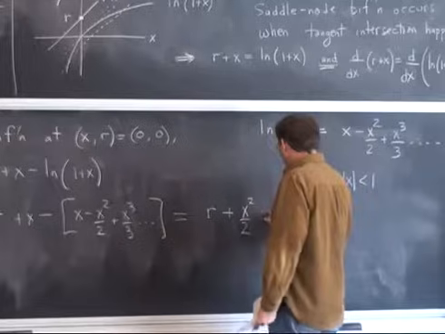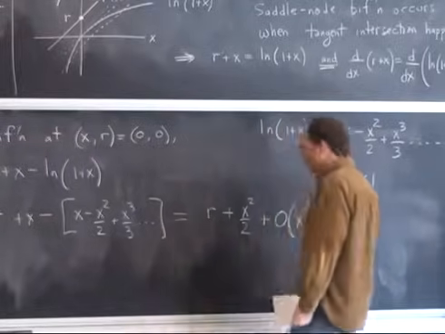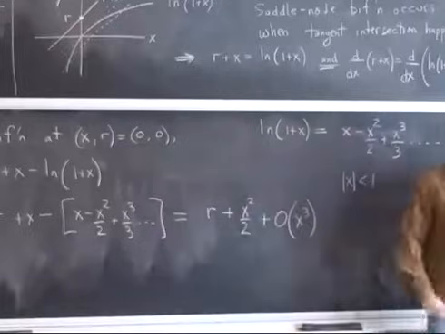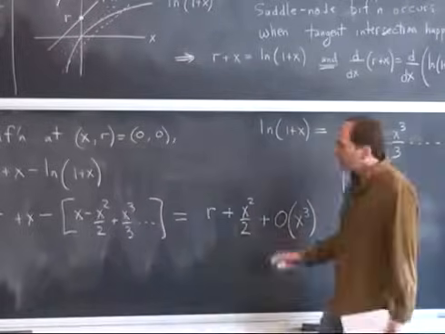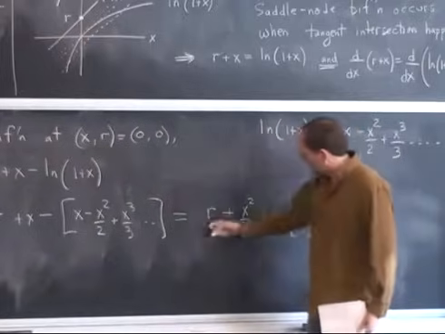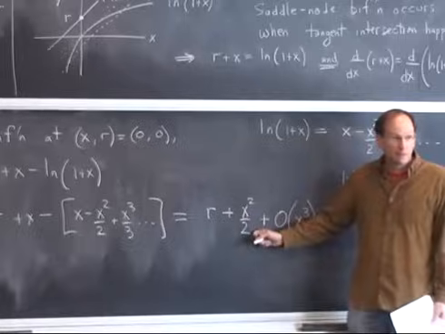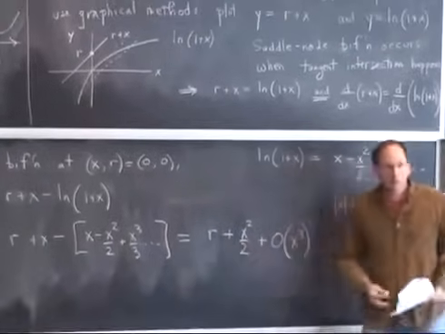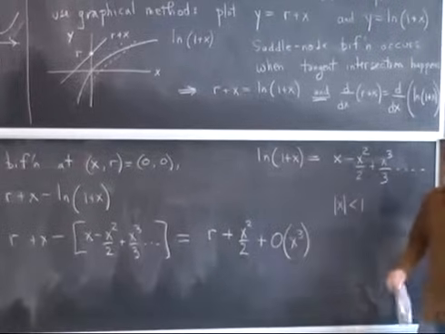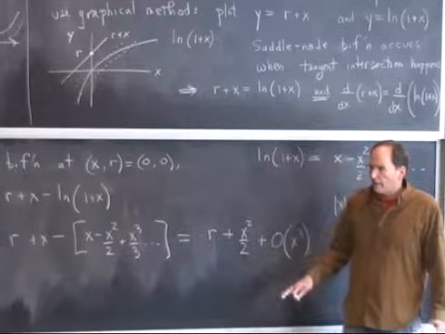And then there are other terms which are of order x cubed and higher, but those are negligible compared to the x squared term. What I'm trying to show you here is that near the bifurcation, we get a vector field that looks familiar, right? r plus x squared. Forget about the 2. This looks like when we did the standard example for the saddle node, we had r plus x squared. We're getting that same thing again near the bifurcation.